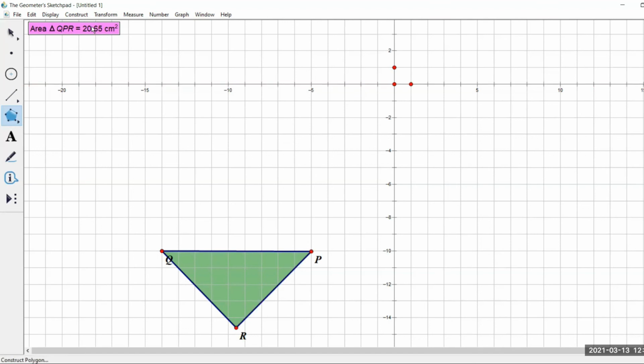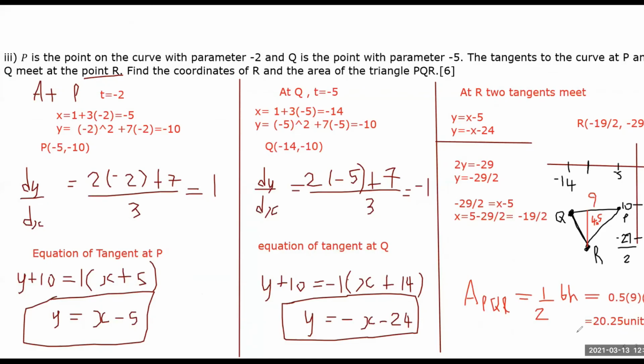But it shows you we get a rough estimate. We were roughly correct. 20.65 from the graph, but this is the actual correct answer that we worked out, 20.25. So that's just verification, easy.